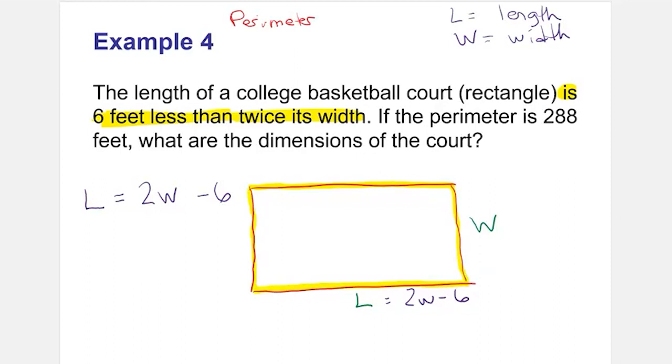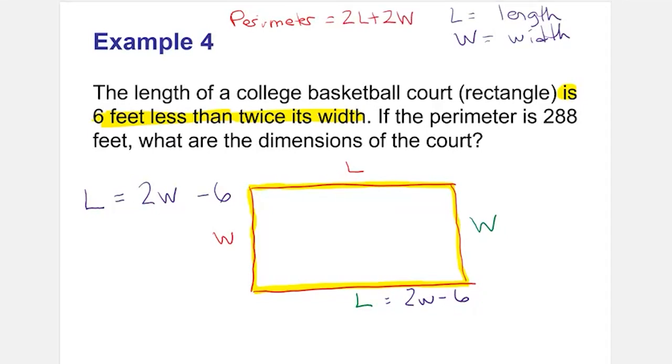That's called the perimeter. The perimeter here is equal to W plus L plus W plus L, which is the same thing as 2L plus 2W.